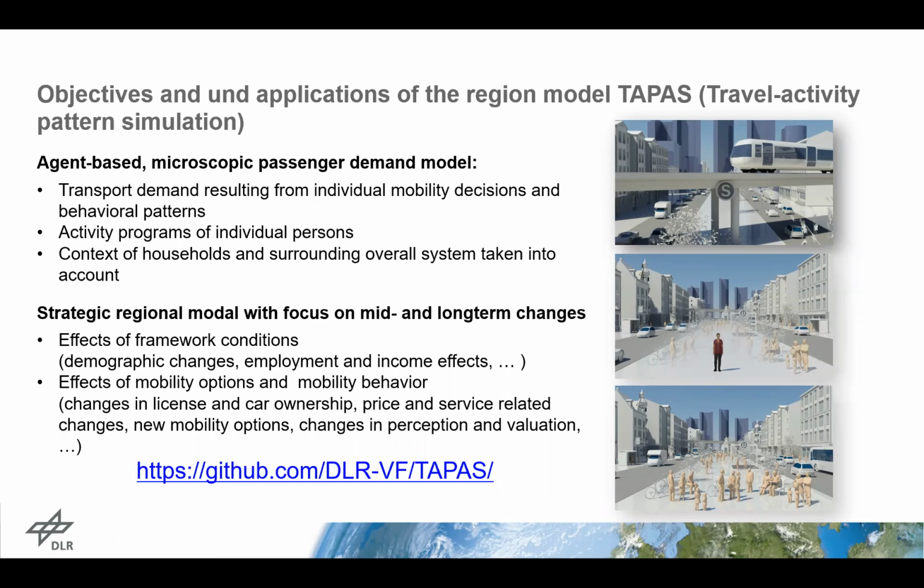And we're using this for long to mid-term effects, not the short-term effects. What we are busy with is: what does demographic change do to the city? What if a new industrial area pops up in the city, and how does this change the mobility behavior of the whole city?